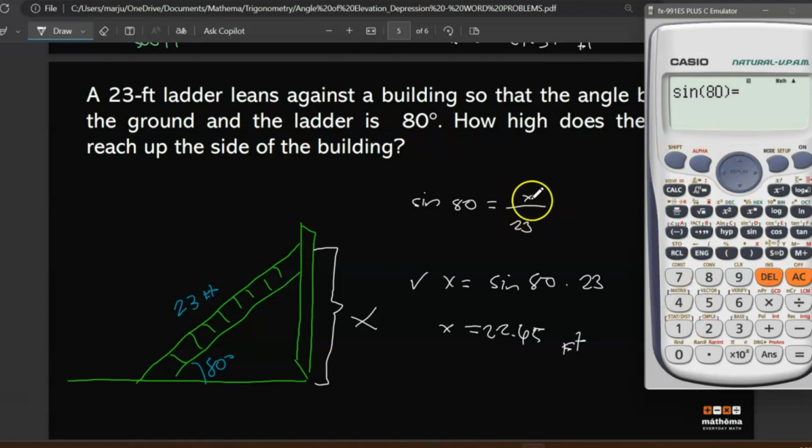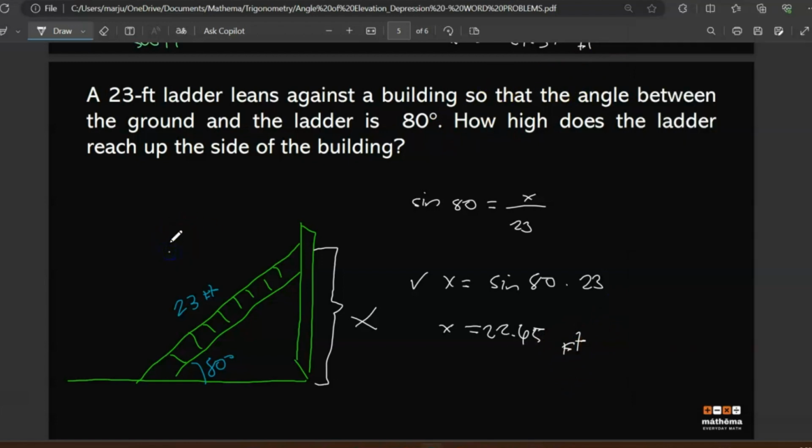We're going to input the entire equation, sine 80 equals x over 23, and then click shift and solve for x, click equal sign, that will give us the same answer, 22.65 feet. So maybe you will find that helpful, or maybe not, I don't know.